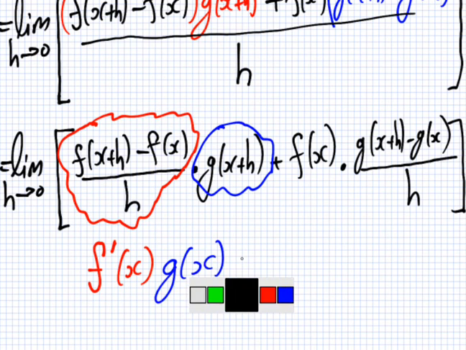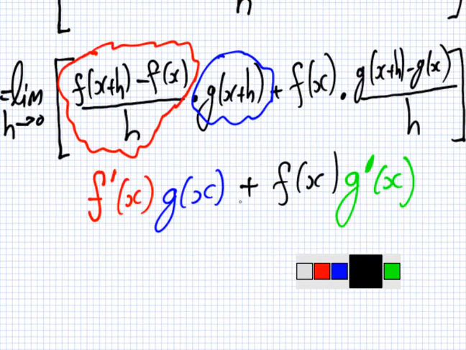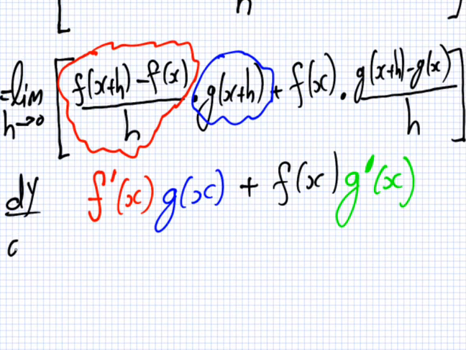Fx, wasn't it? Fx, and then here I have gx plus h minus gx, and close. And all this is all over h.